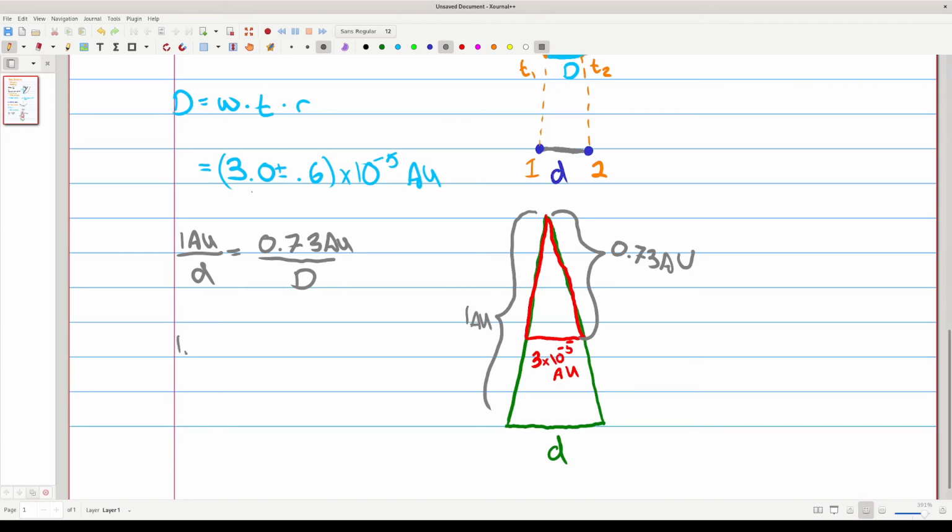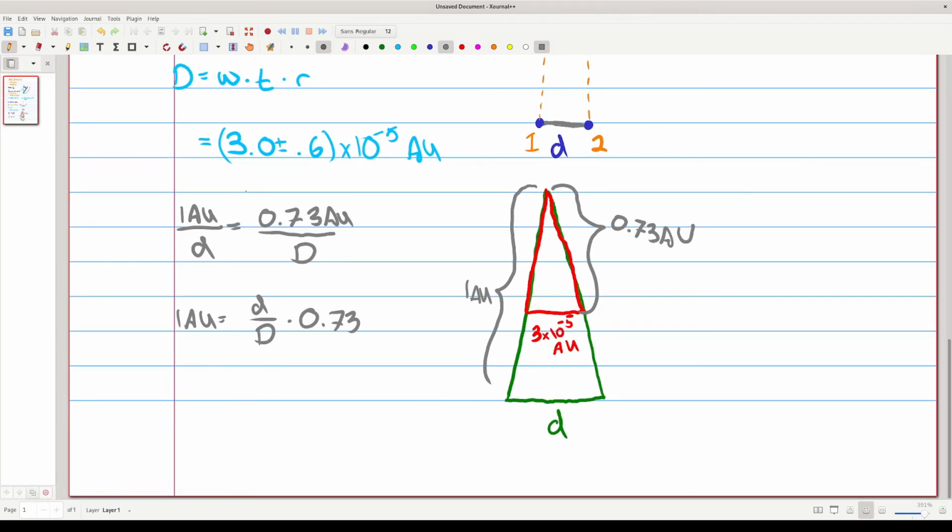And so now we can go 1 AU is equal to d over capital D times 0.73 AU. And all the units are going to work well here because this capital D we know to be in AUs, and little d here is in kilometers because that's how we measure it on Earth.